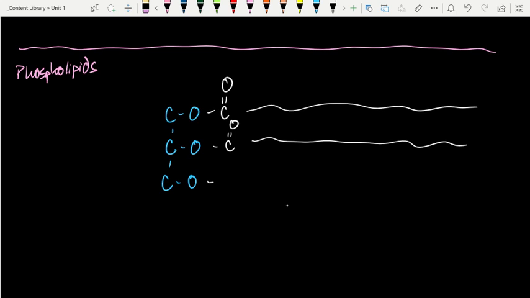And instead, what we're going to bind to through a phosphoester linkage, we're going to bind to a phosphate group. This is going to be P, it's going to be double bonded to an oxygen, and then OH and OH. We talked about this also being acidic. It's an important functional group.